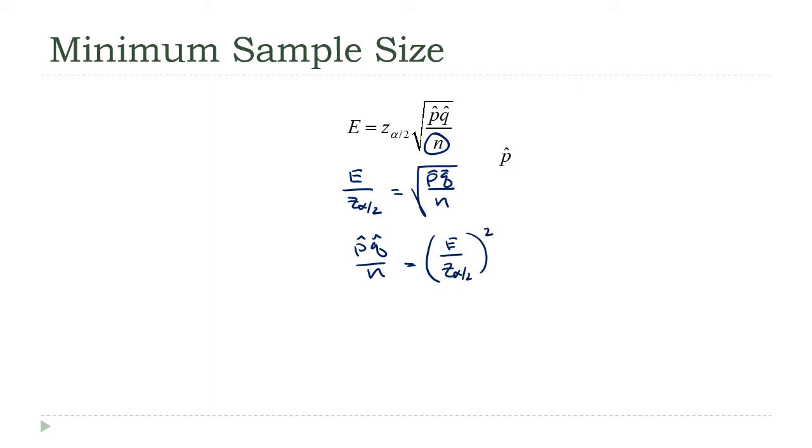Then multiply both sides by n. p hat q hat equals e over z alpha over 2 squared times n, and then divide by this squared part on the right. n equals p hat q hat times z alpha over 2 divided by e, squared. And there you go. That's my formula for calculating the minimum required sample size to get a given level of confidence.